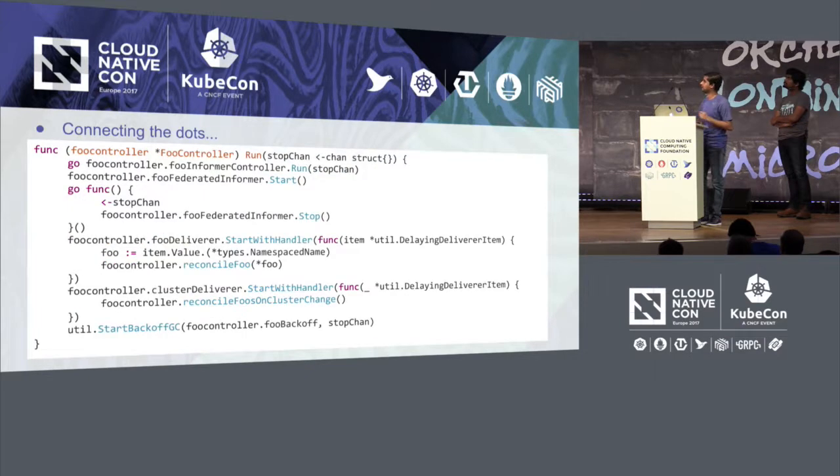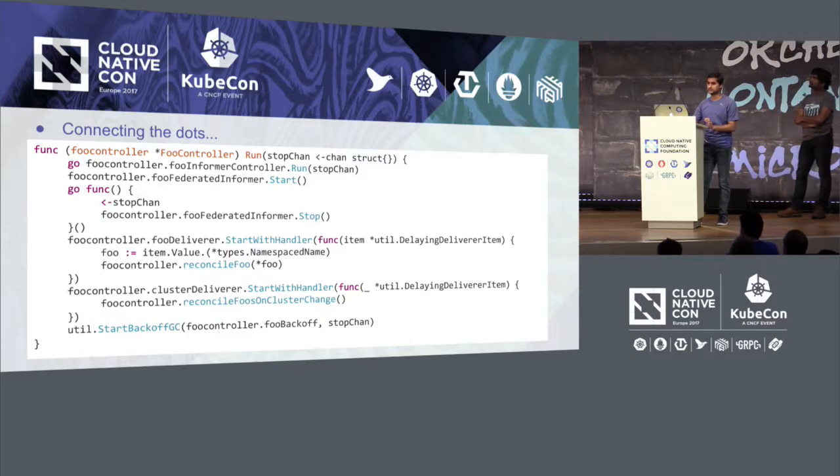Once you have all these, you basically hook things up. You start the informer for the API objects, and then you also start the federated informer, and you start all of them. But one key thing you do here is when you start the informers, you also register handlers. You define how you want the reconcile operations to be handled.